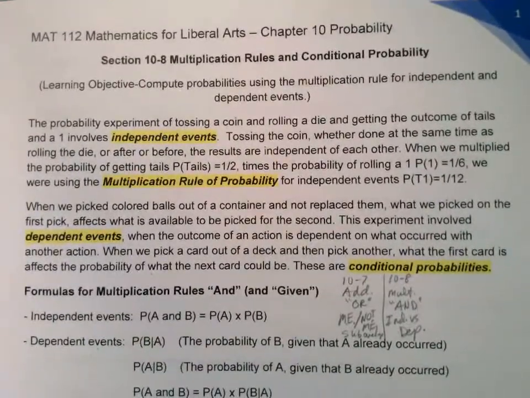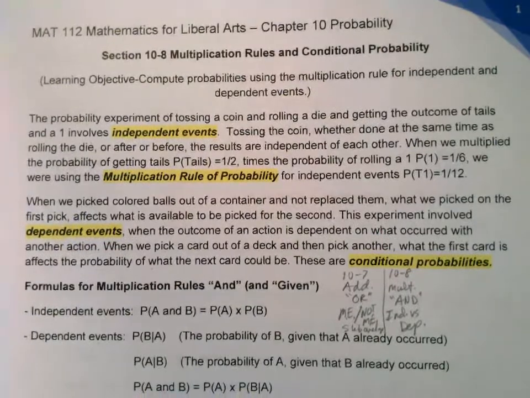The probability experiment of tossing a coin and rolling a die and getting an outcome of tails and a 1 involves independent events. Tossing a coin, whether it's done at the same time as rolling a die, after or before, the results are independent of each other.